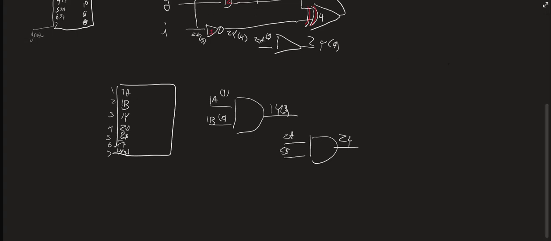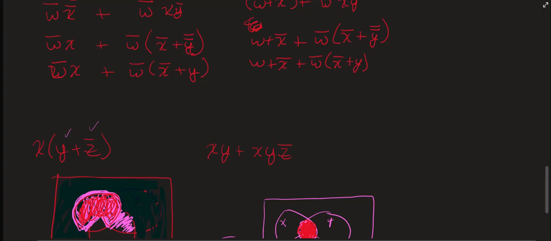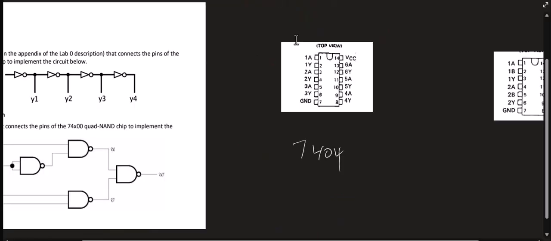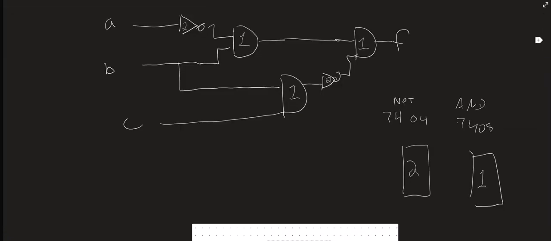So for this first NOT gate, that would be 1A, and the output would be 1Y.